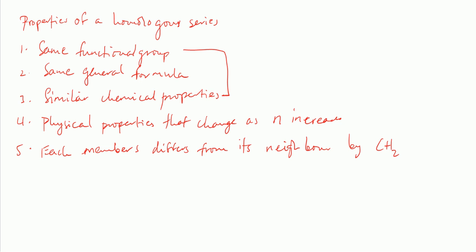So let's look at the alkane homologous series. The first one will be CH4. Then we have C2H6. Then C3H8.